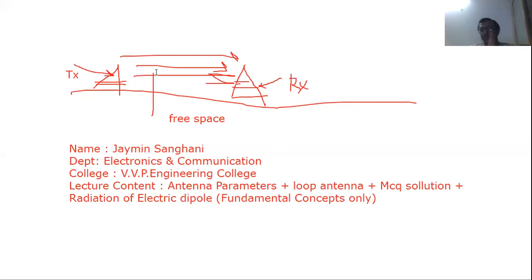With respect to free space, if the medium is changed, the impedance is different. So an antenna can act as a sensor of the electromagnetic wave and as an impedance matching device. This is the basic fundamental concept of antenna.